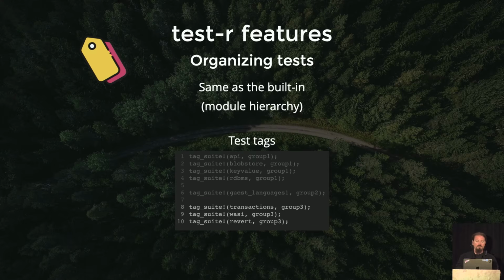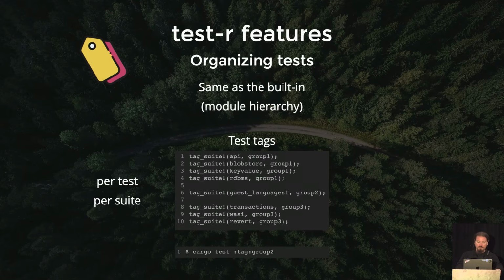And this is very nice to create different groups of tests to be executed. For example, on the CI, we run these groups in parallel, and it doesn't have to reflect the module structure of your test code. And of course, you can tag them per test or per suite. And then you can use this special syntax in cargo test to run a specific tag or a combination of tags.